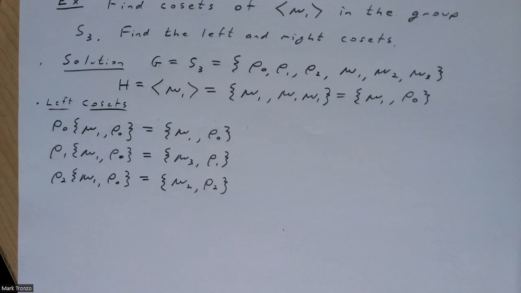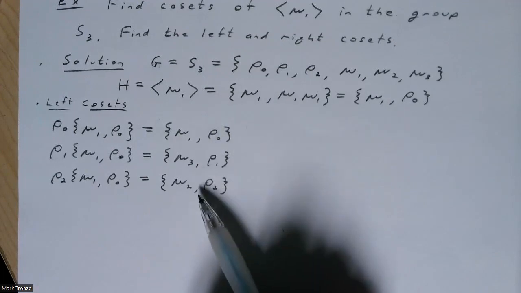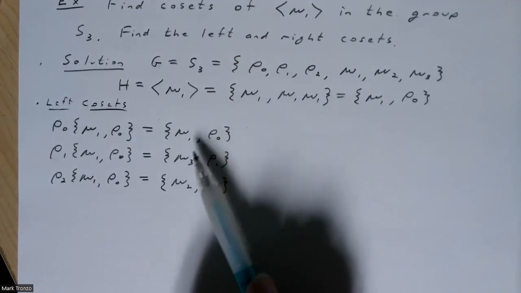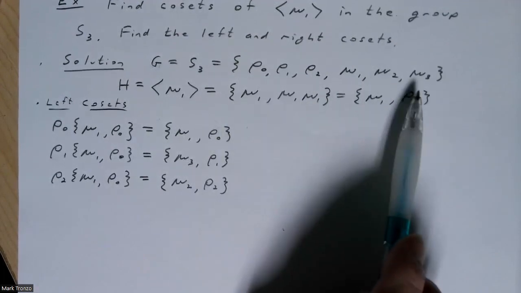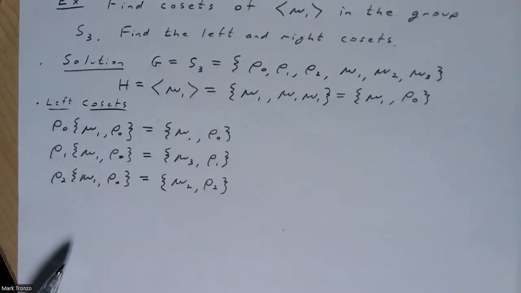And, well, actually, we've already partitioned the original group, haven't we? Because we got all the members of the original group in our cosets: mu1, mu2, mu3, rho naught, rho 1, rho 2. So if we did more of them, we would just get repeats. Let me just give you an example.